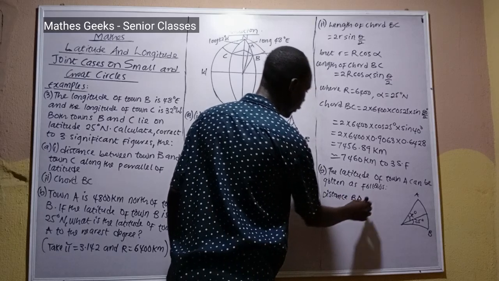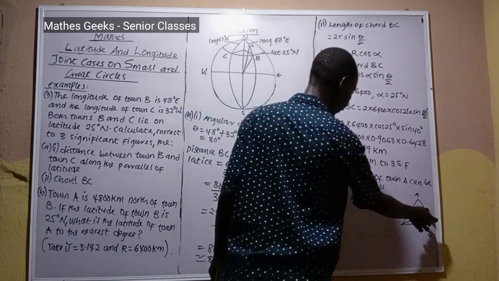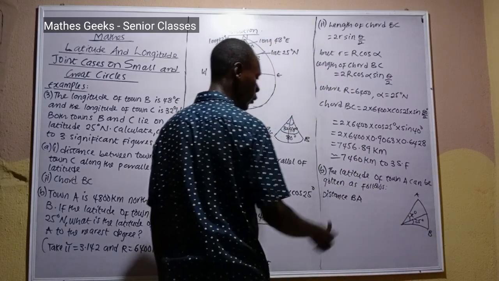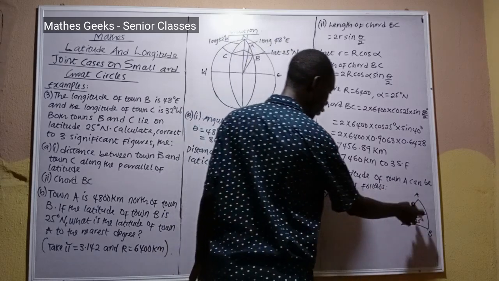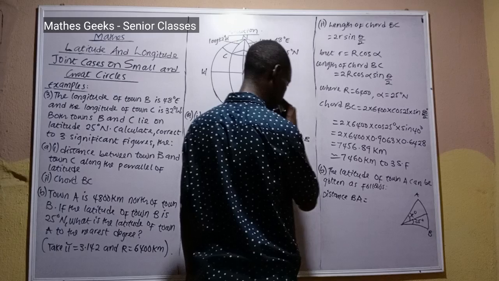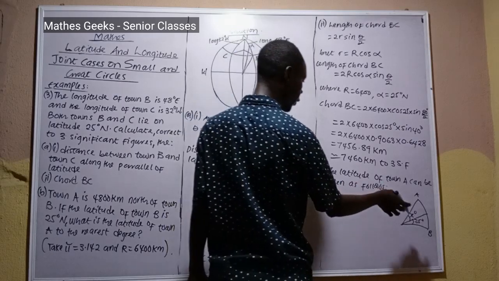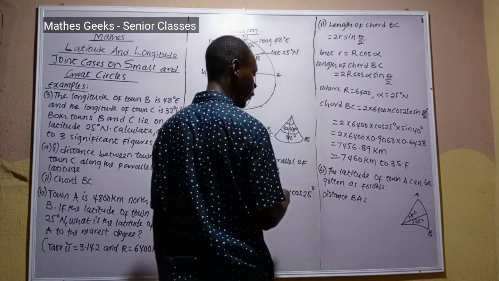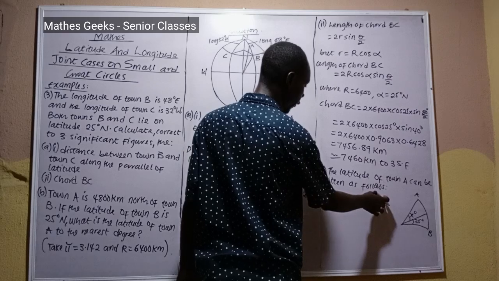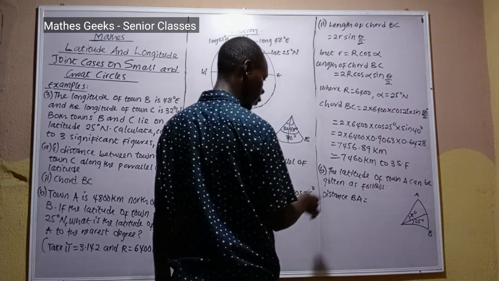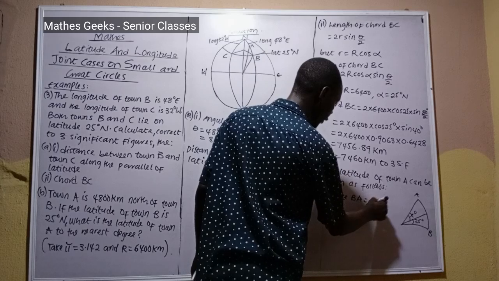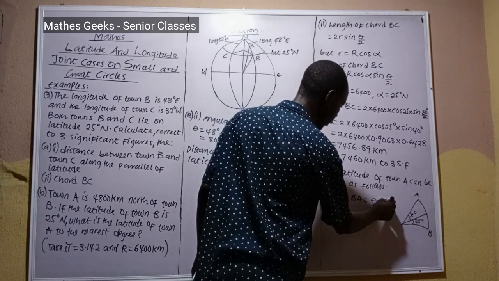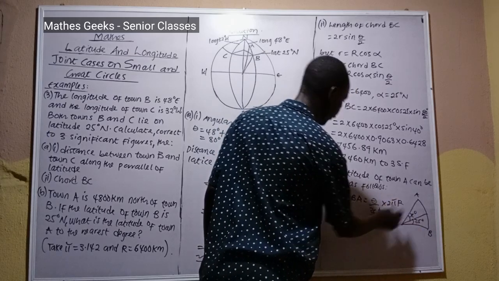Now usually I would say x plus 25 degrees in place of theta, but I don't want to put that yet because I need to make an explanation. I've just said the angular distance could be x plus 25 or x minus 25. Distance BA is equal to theta over 360 degrees times 2 pi r.